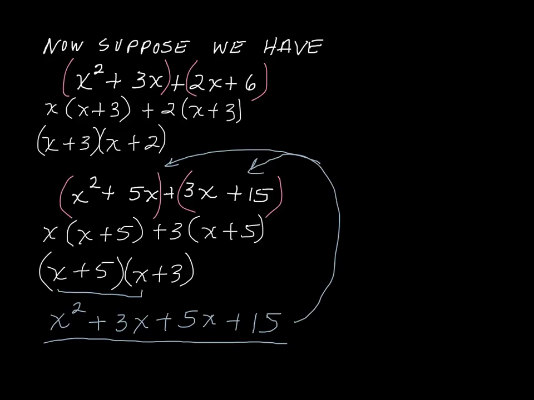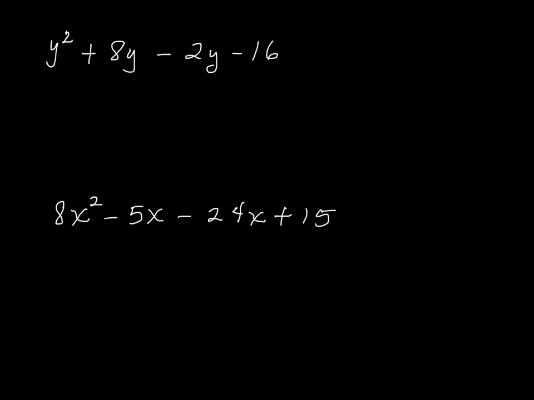So let's look at 1 or 2 more examples. Look at this one. We have y squared plus 8y minus 2y minus 16. Resist the urge to combine the middle 2 terms. If we combine them, it would be plus 6y.